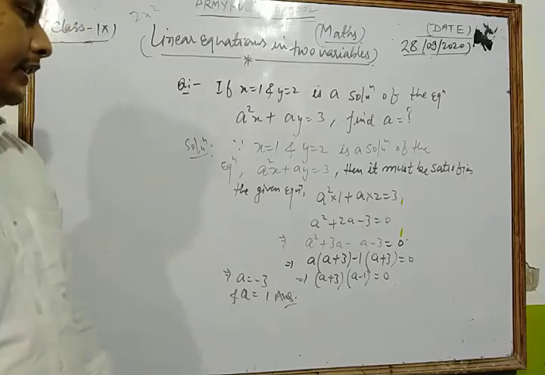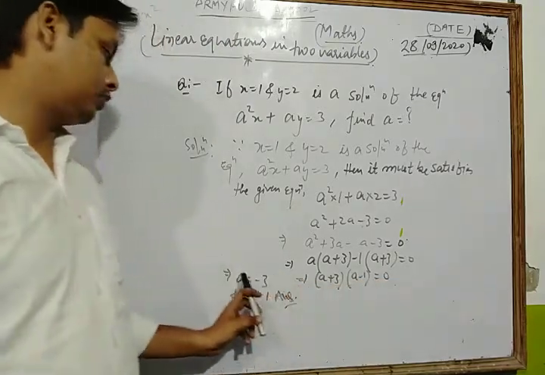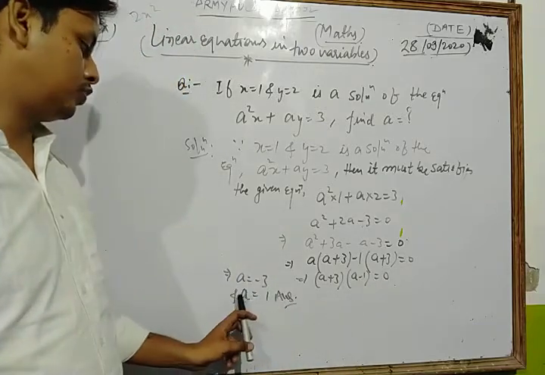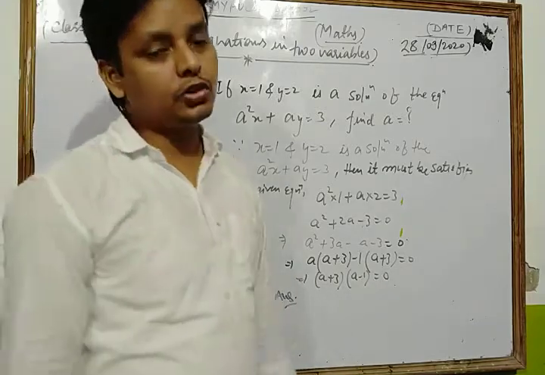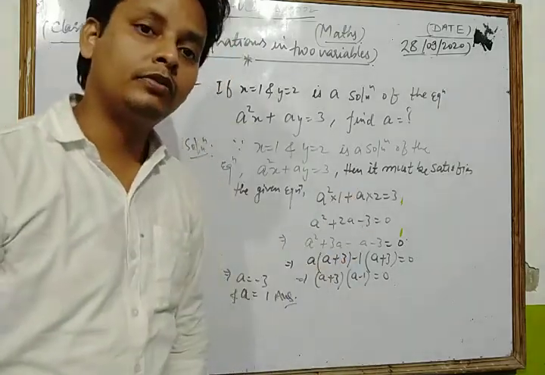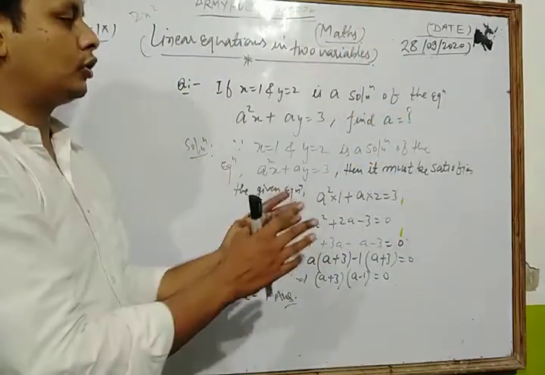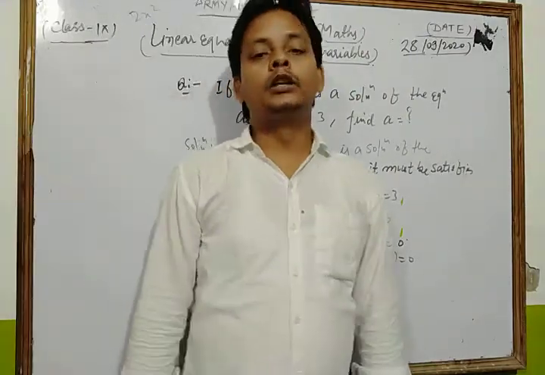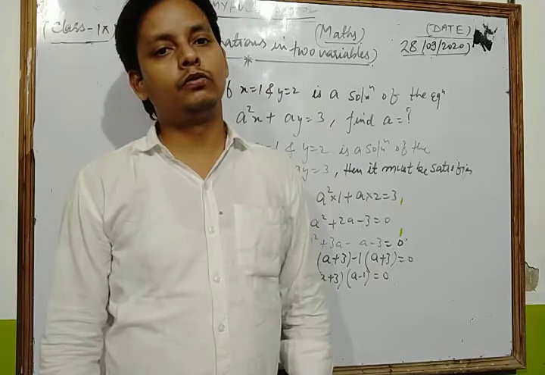If we take a plus 3 is equal to 0, then we get a is equal to minus 3. If we take a minus 1 is equal to 0, then we get a is equal to plus 1. In this way, dear students, we can solve that type of question. This is a very important topic for your examination purpose, so please do more and more practice of that type of questions.